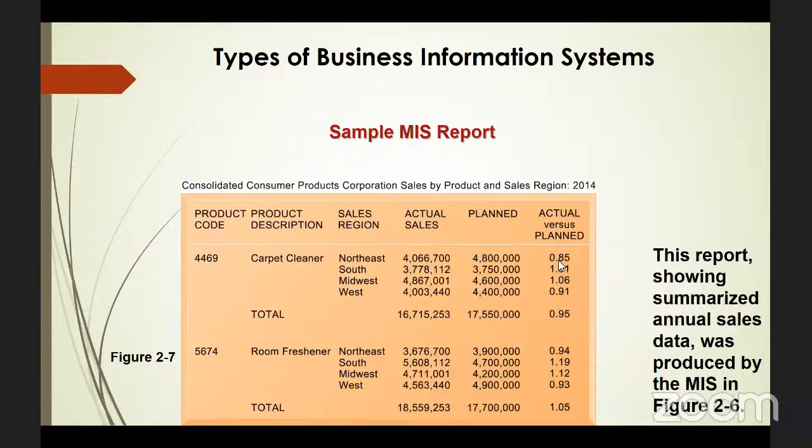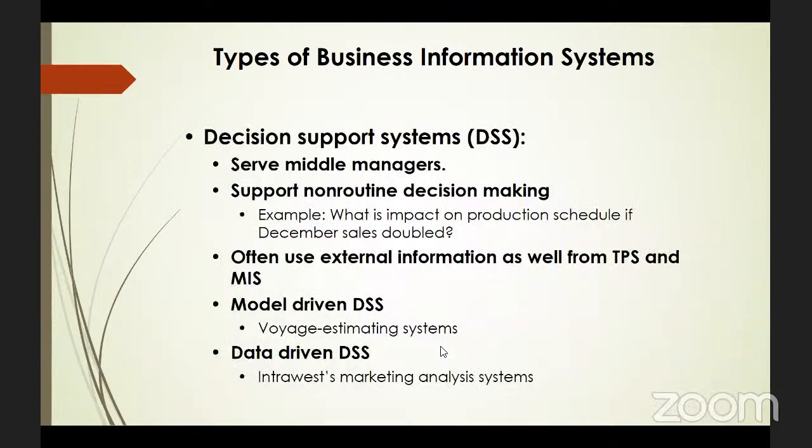Whereas in the Northeast, they sold 15% less than was planned for room freshener. The good news was in the South, where 19% was sold more than planned, so 5,600 versus 4,700 was predicted. And the bad news was in 2 places, Northeast and the West, where there was 7% and 6% less than expected. The point is, you can look at a management information system report and make some assessments and then say, oh, what can I do with the information, if you're a good middle manager.